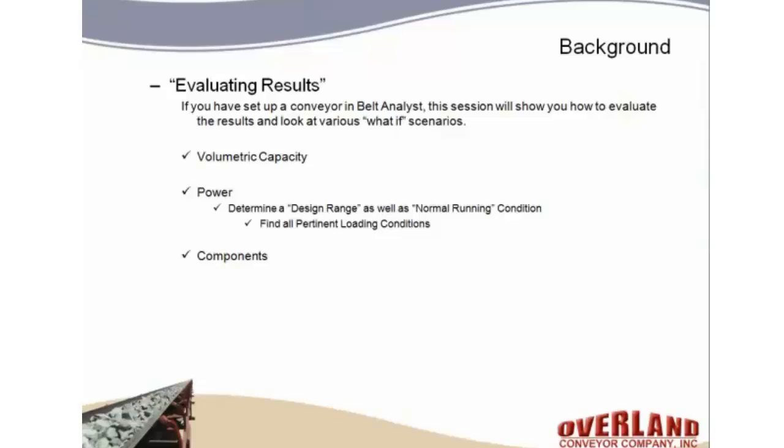We're going to discuss volumetric capacity, first of all. Secondly, we'll talk a lot about power and various friction factors and determining a design range to look at, including all pertinent loading conditions. And then thirdly, we'll be looking at the various components and discussing the evaluation of pertinent output versus input values.